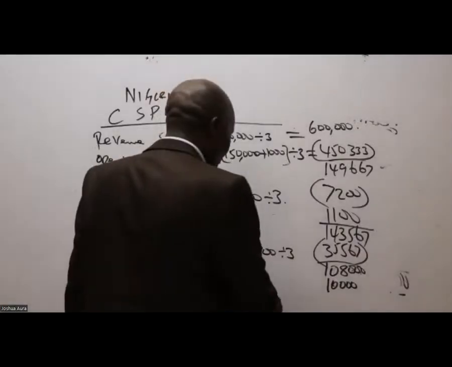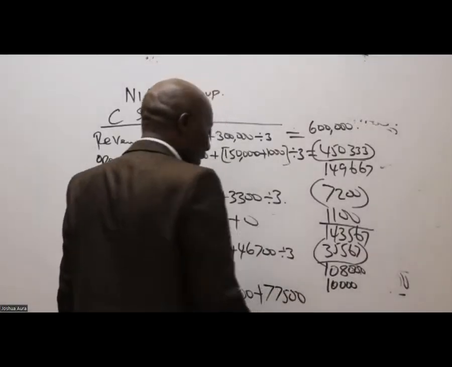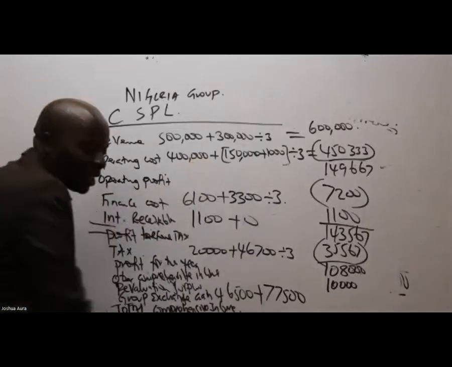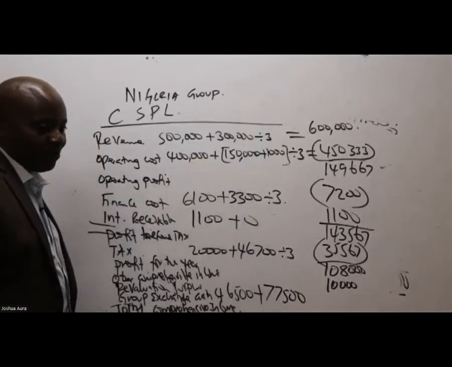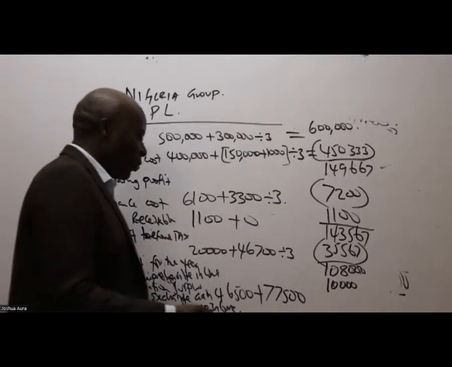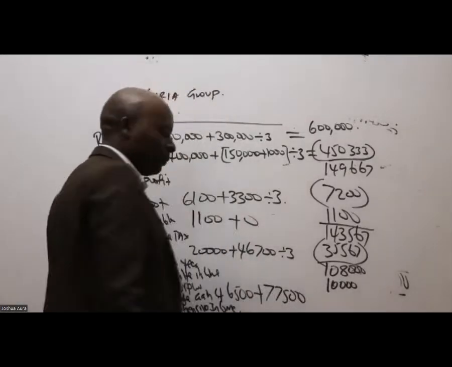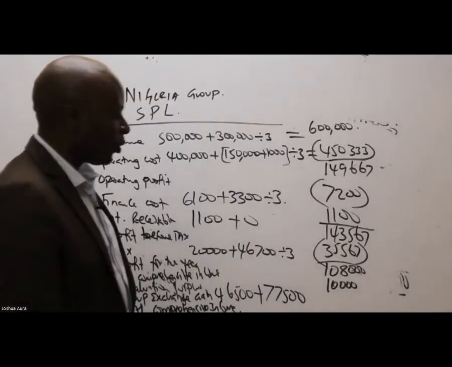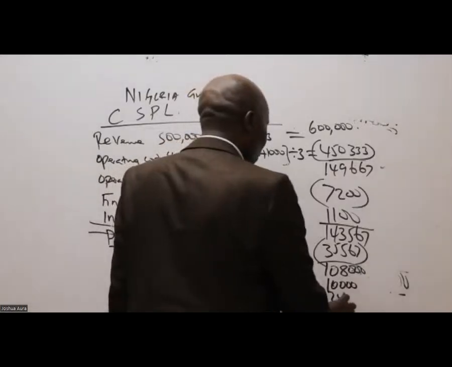I can't remember very well. 77.5, don't share. Here we don't share at all, because sharing normally in the income statement, the sharing goes down there, and I shall never do that in an exam. So 46,500 plus 77,500, how much do we have here, somebody? 124,000. So here we have 124,000.